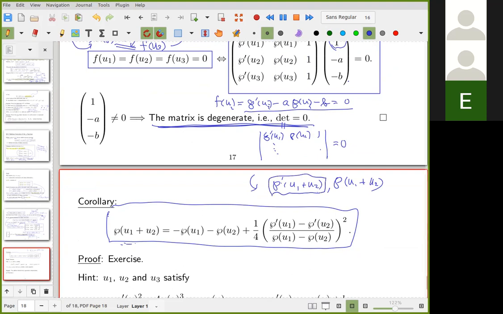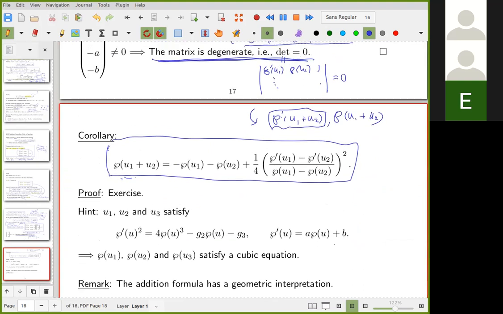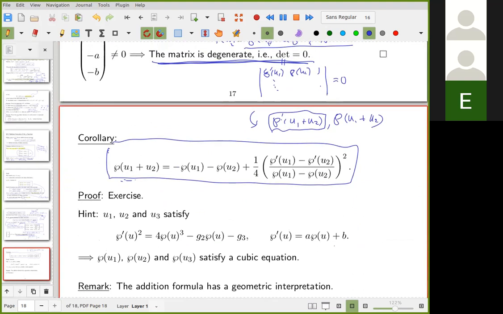But actually, we can eliminate this P prime because we have such a differential equation.